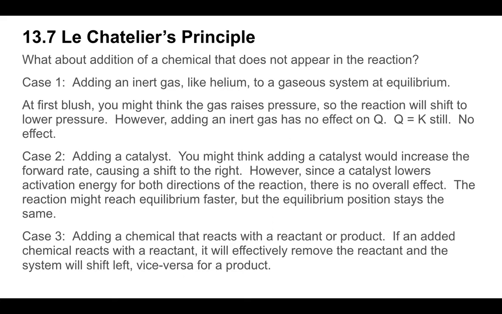Well, if hydrogen reacts with oxygen to make water, that's going to remove hydrogen from the reactant side. If you remove a reactant, the reaction shifts left. So think about it in terms of what this chemical does to the concentration of my reactants and products, and then your shift should be based on that.